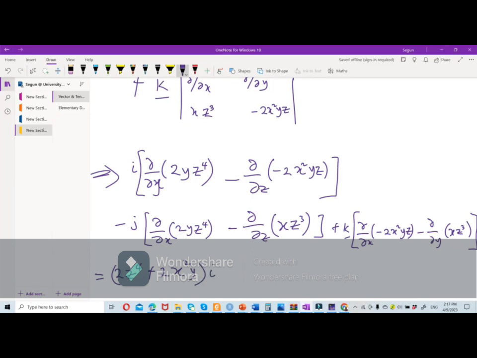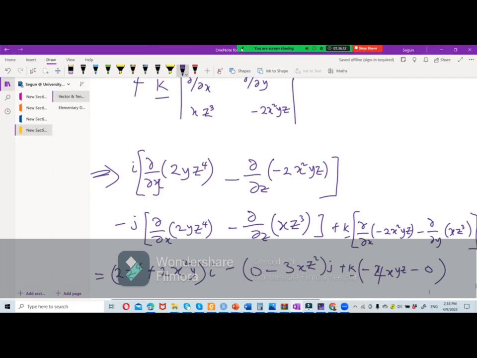Everything is i. Minus, let's look at the j. If you differentiate this one with respect to x, it is 0, there's no x. Differentiate with respect to z, you have minus 3xz² j. Now plus k: differentiating with respect to x, we have minus 4xyz. Differentiating with respect to y, minus 0.